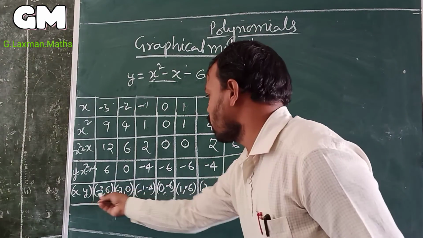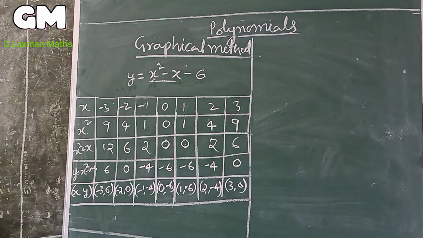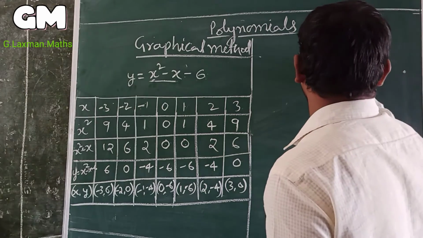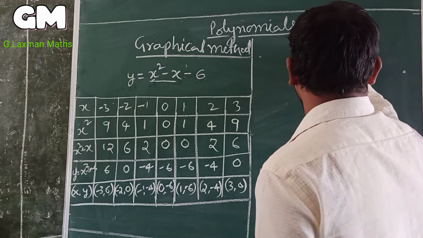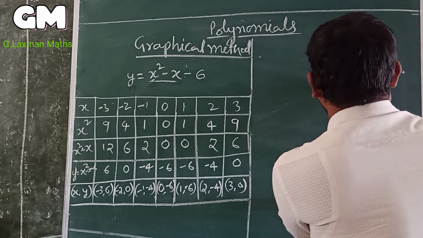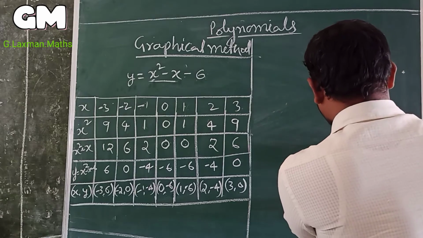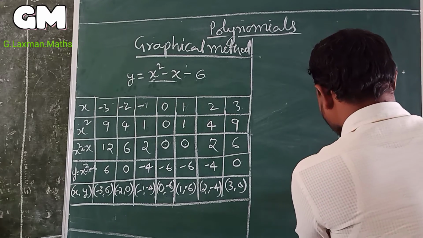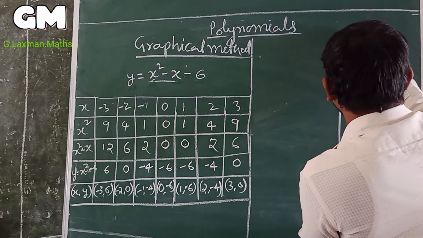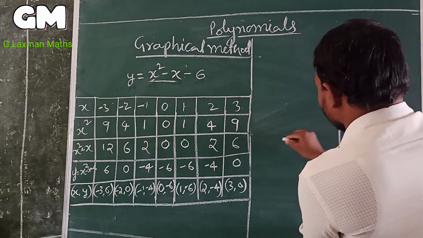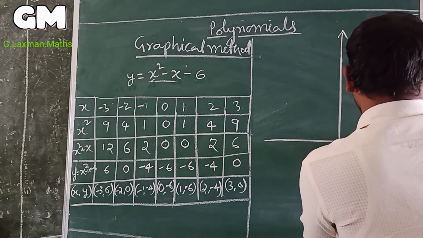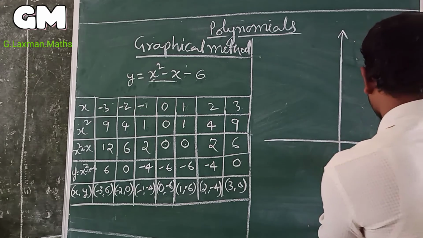Now these coordinates we have to plot on the graph. For that, first we have to draw the y axis and x axis. The vertical line is the y axis and the horizontal line is called the x axis.